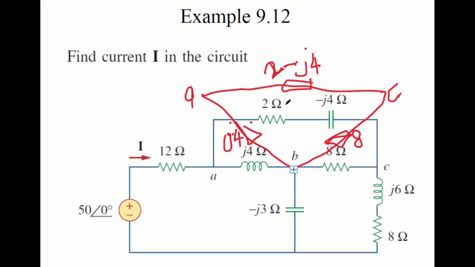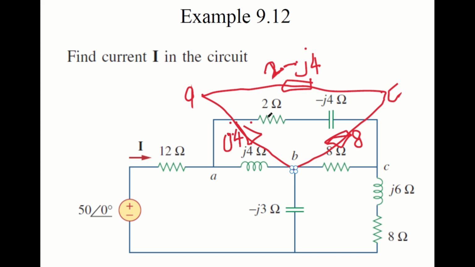If we simplify this circuit, we can get an easier solution. I hope you can see this delta shape over here and the elements over here.